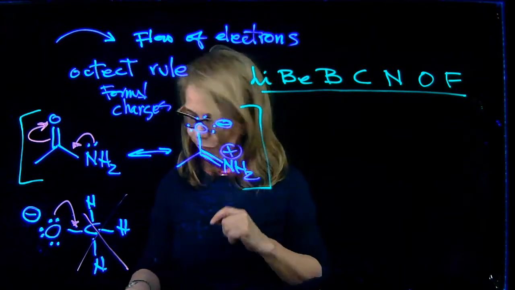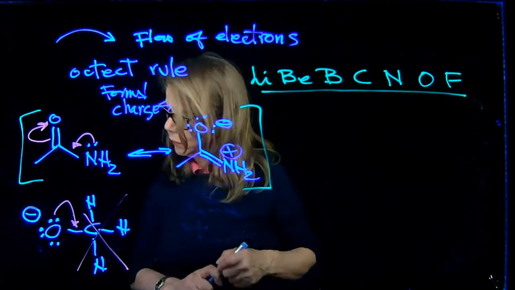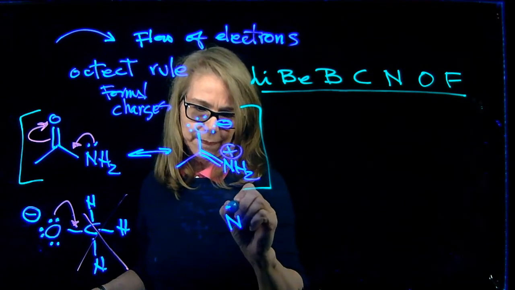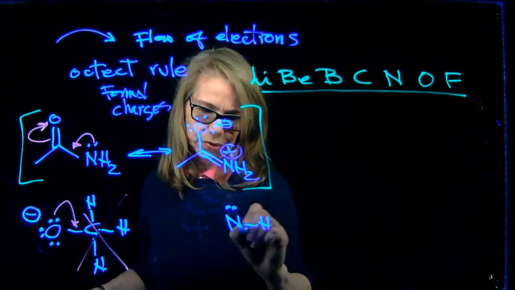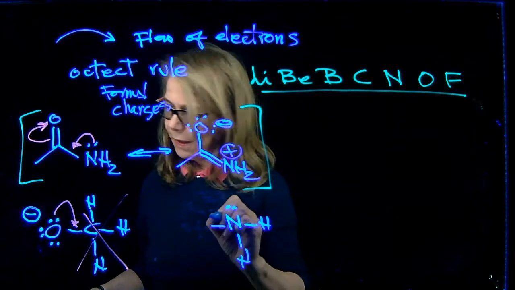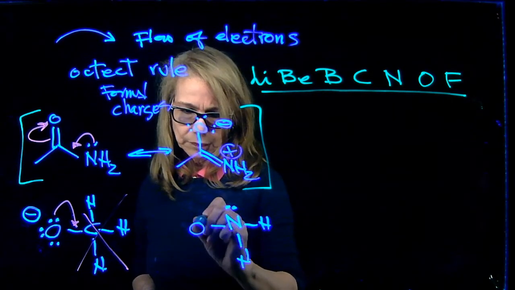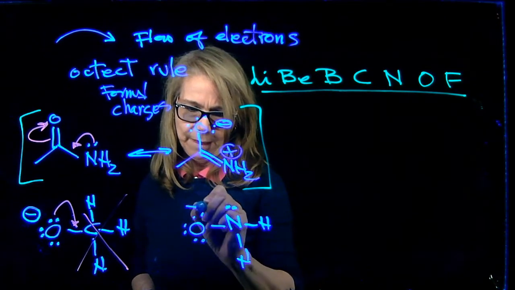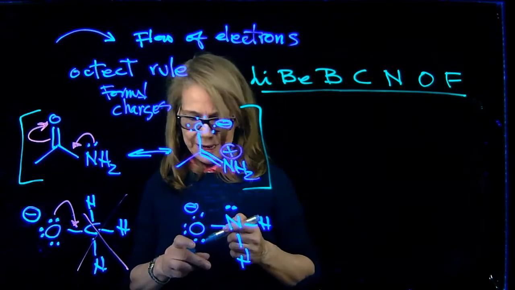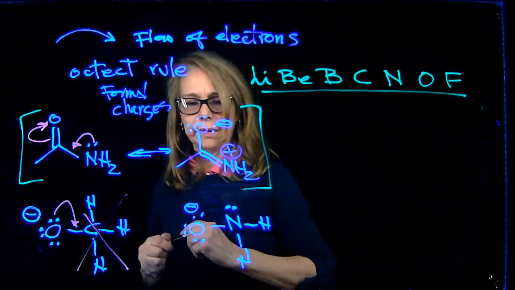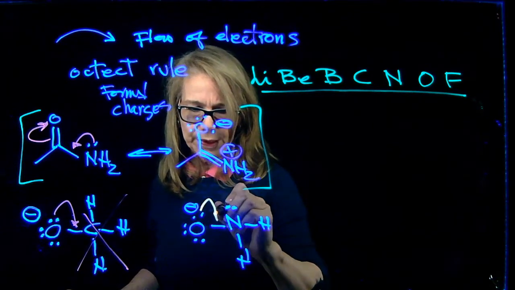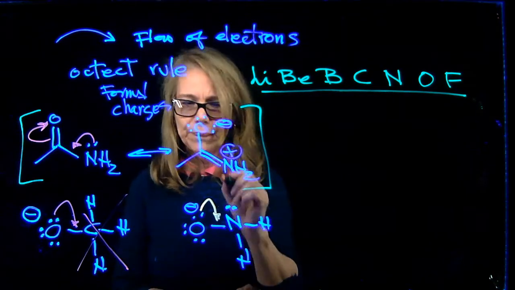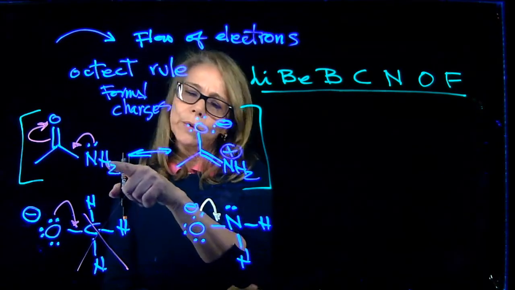I cannot propose that. So let me do one more. Say that I have now this nitrogen, again having an oxygen nearby, negatively charged, and say that I propose again moving electrons over here. But now notice I cannot do one movement like that.